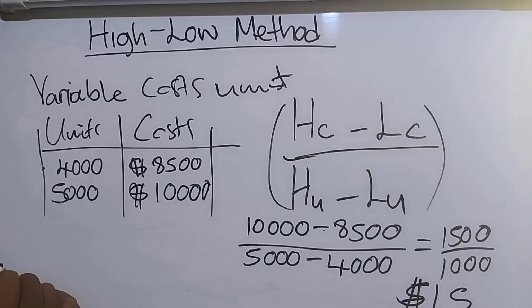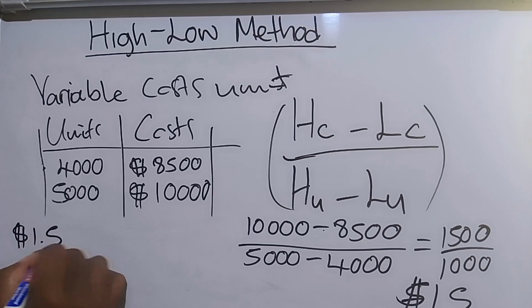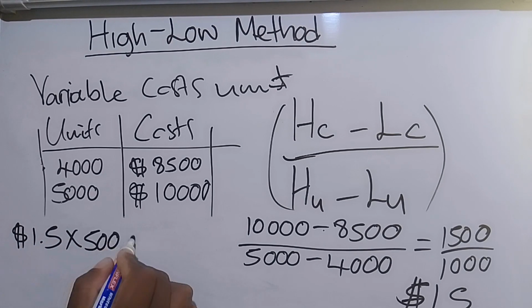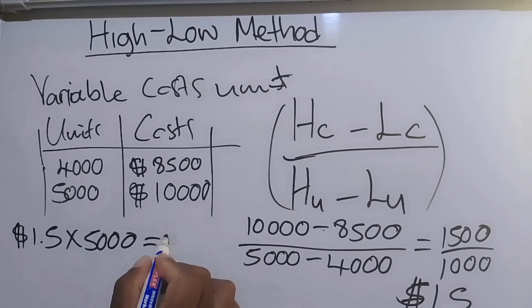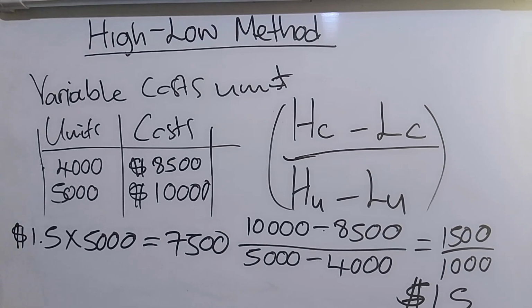Now let's check our answer with the second scenario where we are producing 5,000 units. We said variable cost per unit is $1.50. Then we multiply that by 5,000 and we get 7,500. Now we are saying this 10,000 includes both variable costs and fixed costs.